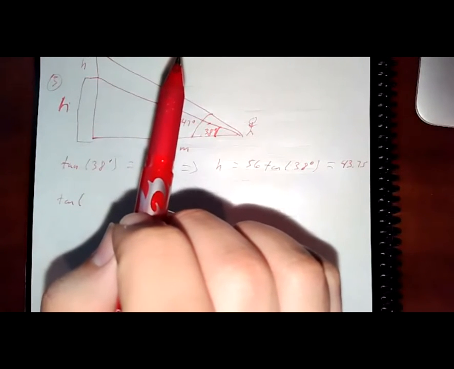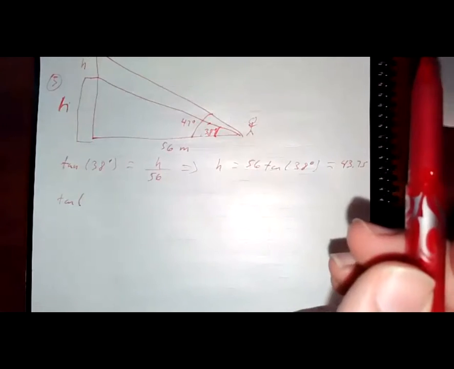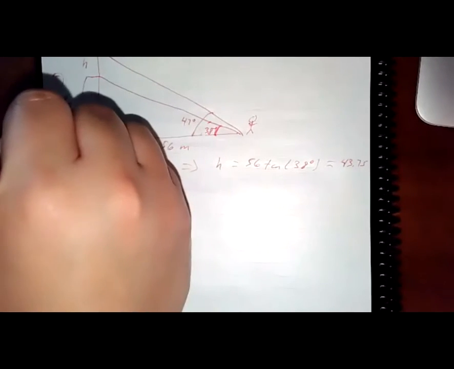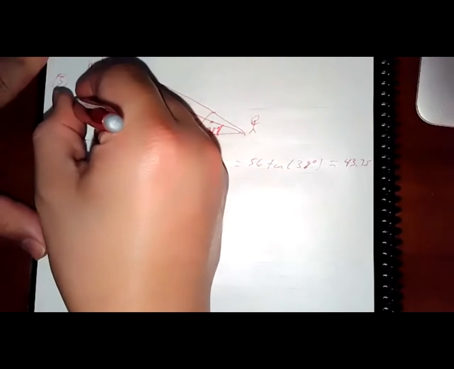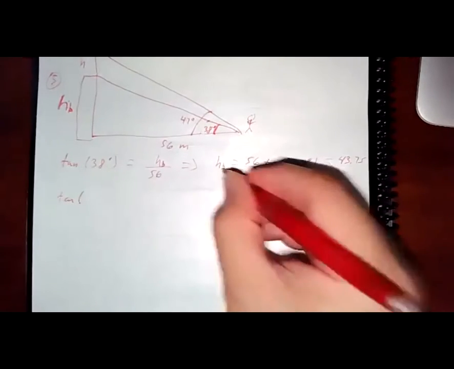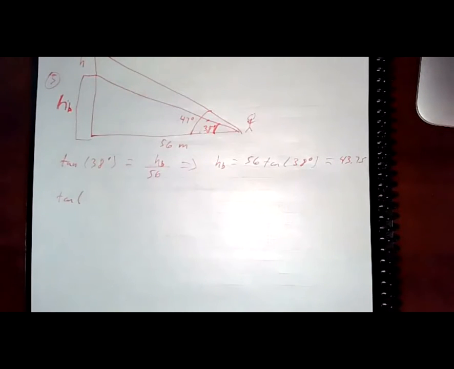What do you guys want to call the total height? Height of building. So yeah, maybe we should change this one to H B. HB. Does that help? Height of the building. That's what we found just now.